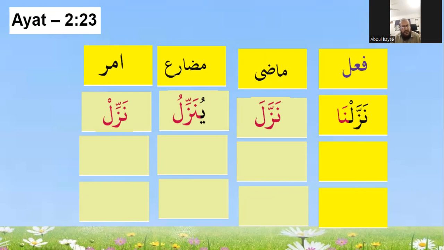Look, the noon, the first letter, has taken the fatha. Because in the madi, when there is a four-letter root word, the mudare will have a dhamma on the first letter and the amr will have a fatha on the first letter.